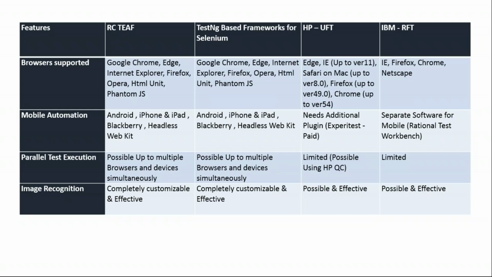And not only that, the browser developers themselves provide support for Selenium, they give provisioning so that you're able to automate on these browsers. But with enterprise tools, there is a delay, and the level of browser coverage that is offered is limited.